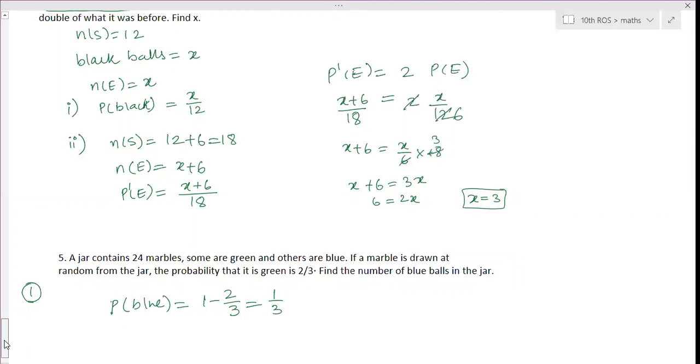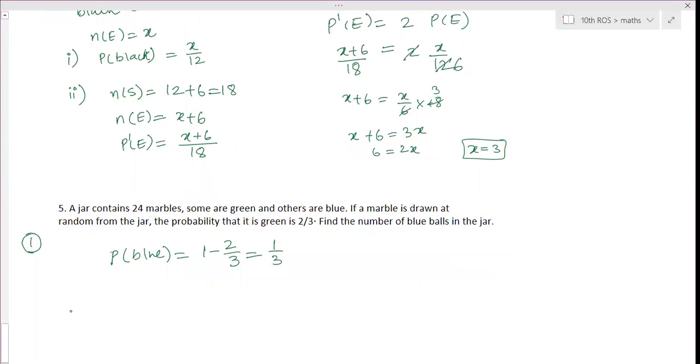Probability of blue is equal to number of blue balls by total number of balls.